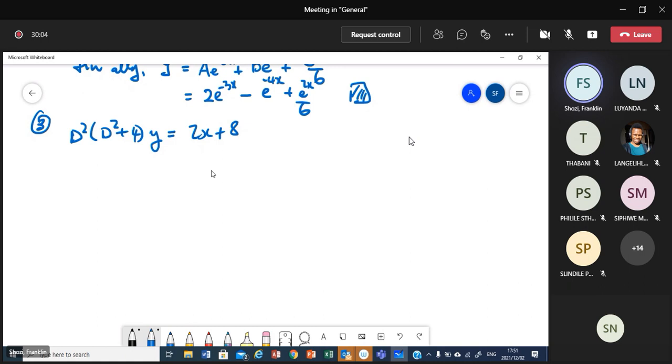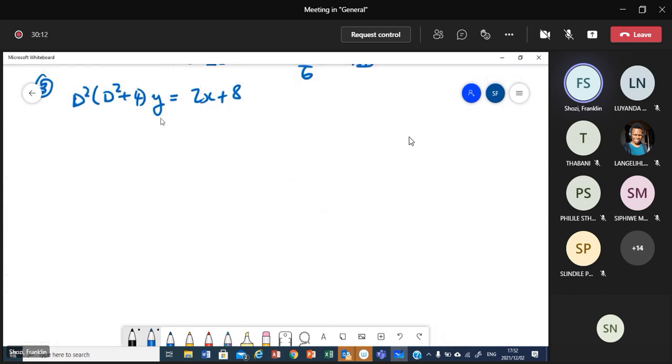We solve using operator D. Now, first thing, form an auxiliary equation. The auxiliary equation is the m equation. Remember, D squared becomes m squared, so m squared times (m squared plus 4) equals 0. That is the auxiliary equation.